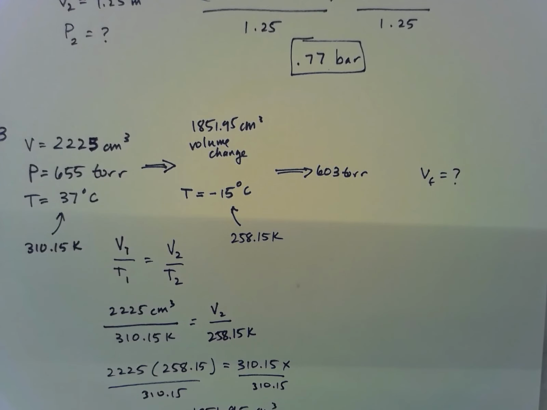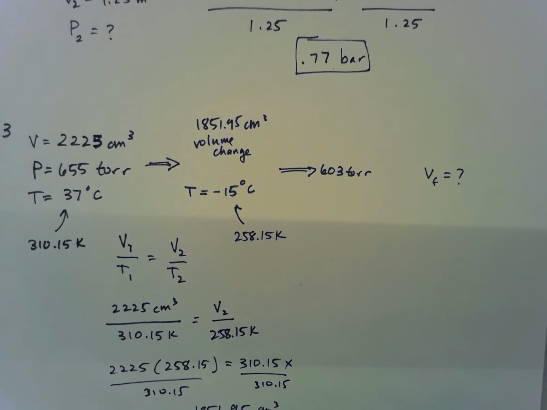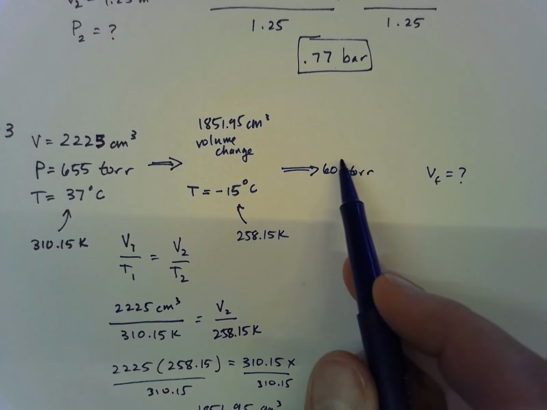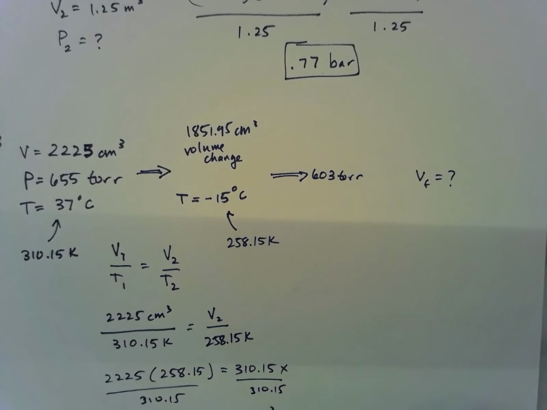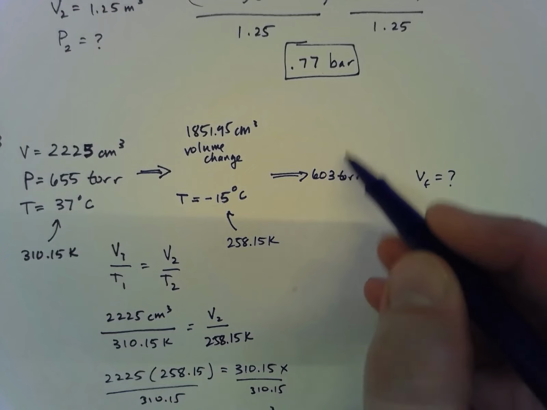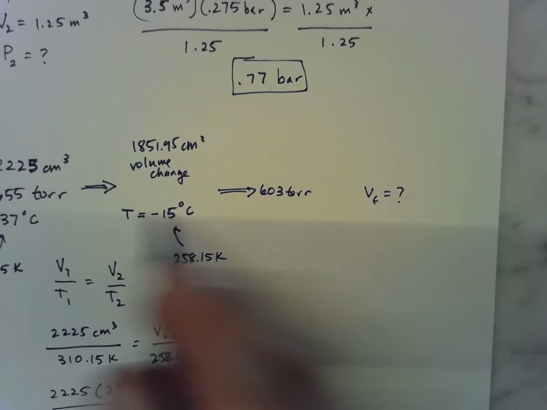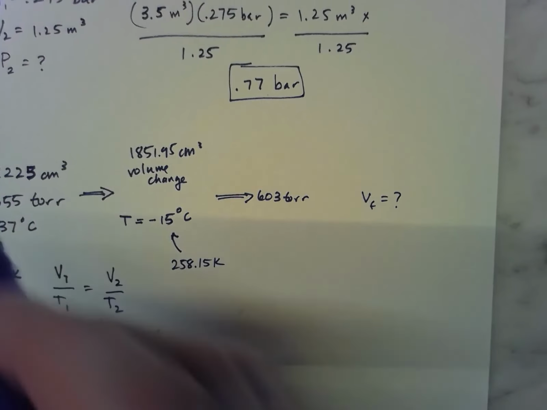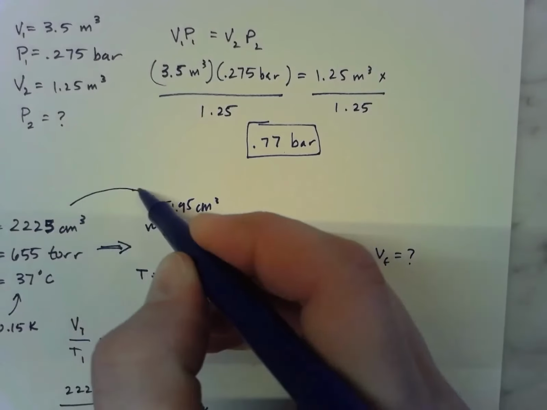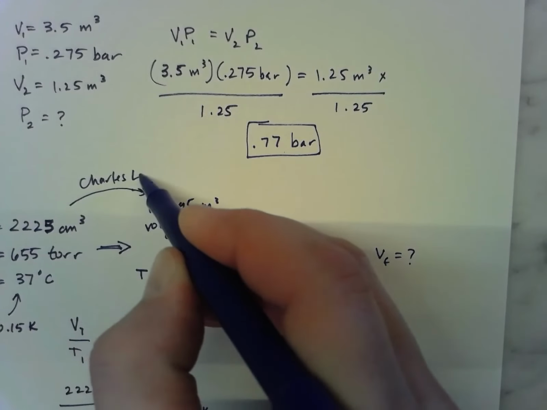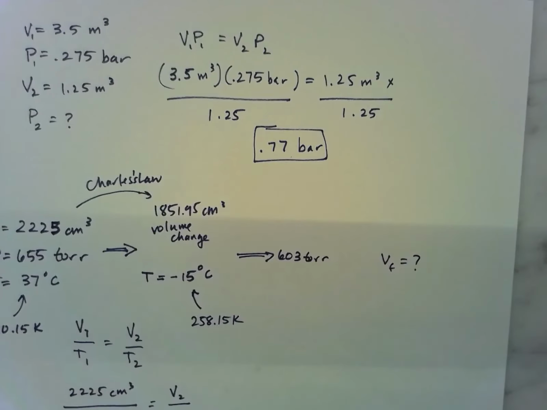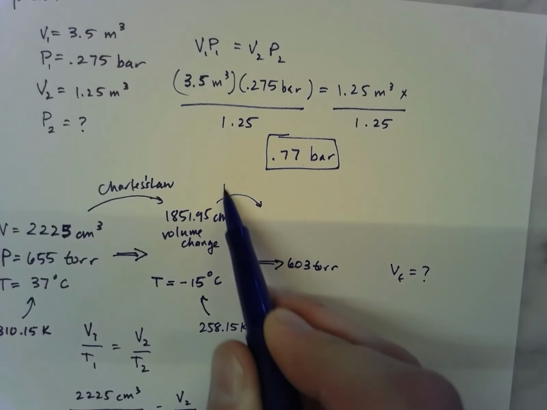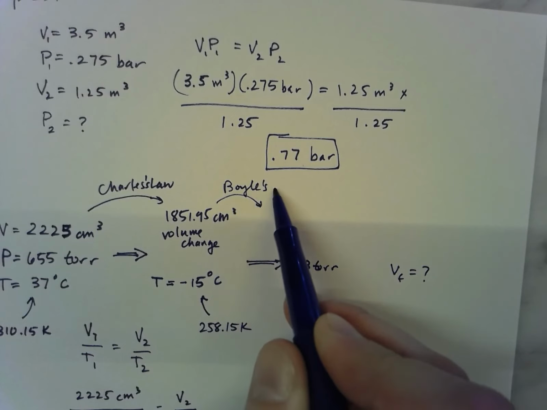Which one is held constant? Temperature is held constant. So we know there's going to be a volume change again, except this time it's the pressure and the volume that are changing. Temperature is held constant, so we can forget about that now. That means it switches from this one, which was Charles's law, to Boyle's law.